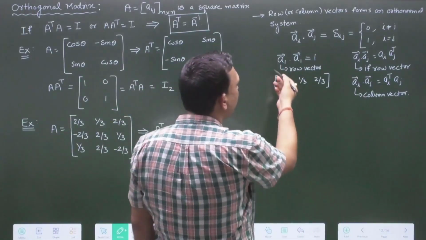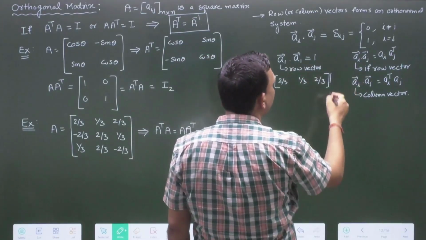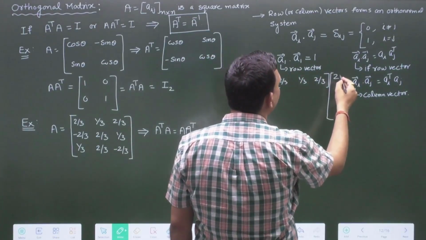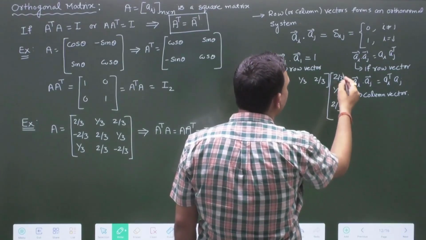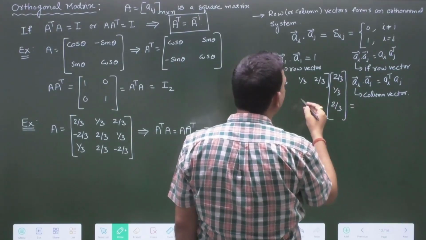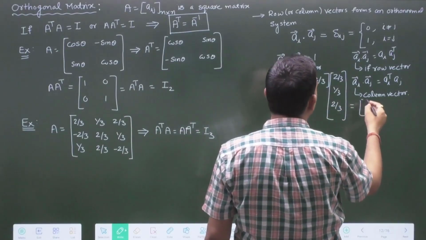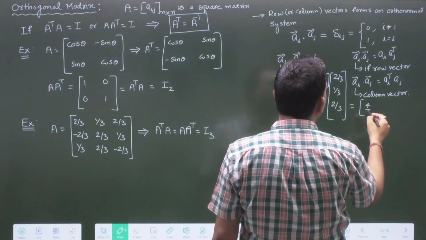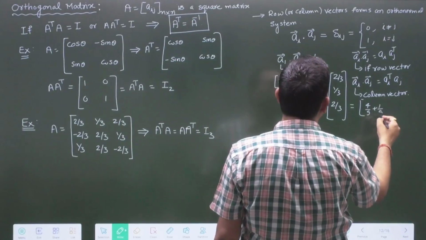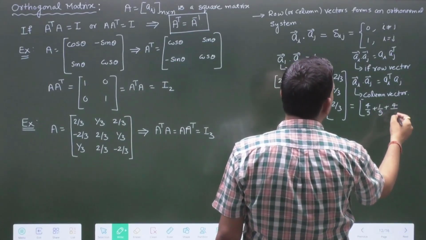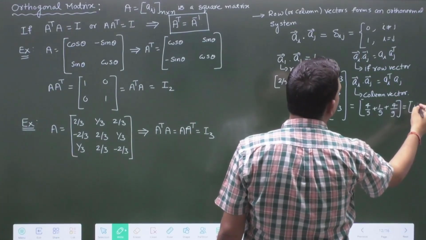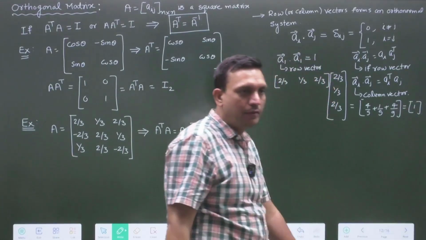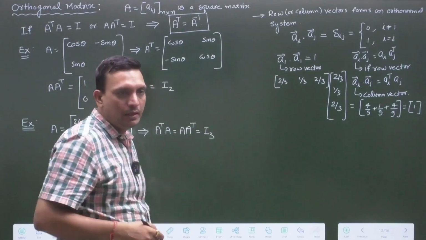So that's why A1 dot A1, if you calculate, will be 2 by 3, 1 by 3, 2 by 3. Just multiply it. So this will be 4 by 9 plus 1 by 9 plus 4 by 9, and this will be 1, a single entry. A1 dot A1 will be 1.